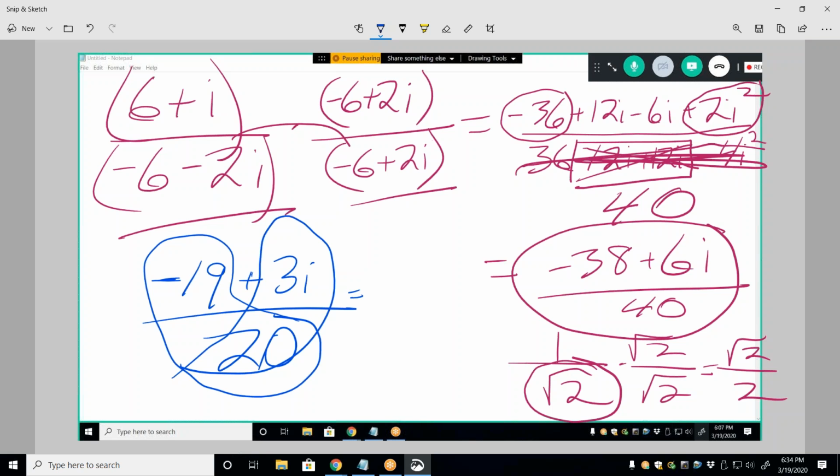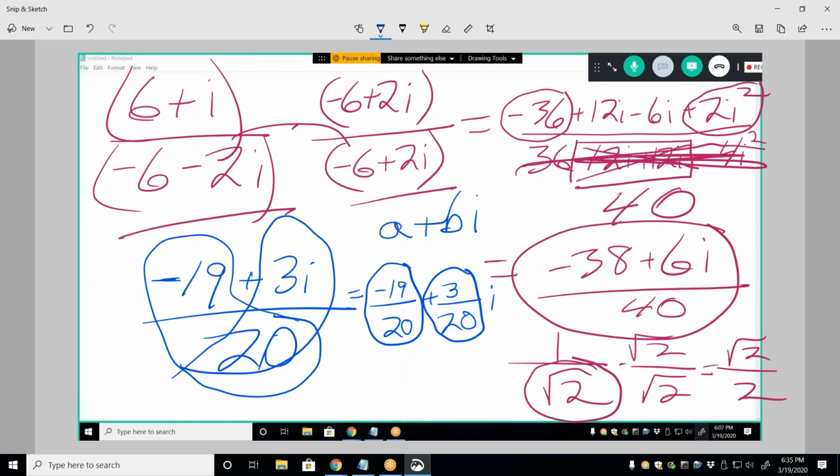So it's negative 19/20. That's the real part. Plus 3/20 I. You want to write it like that. In other words, A plus BI, A is that, and B is that.